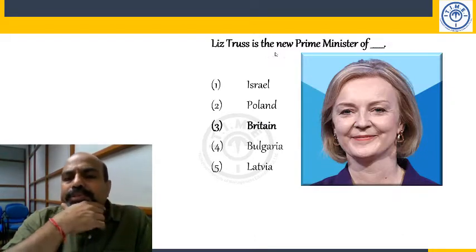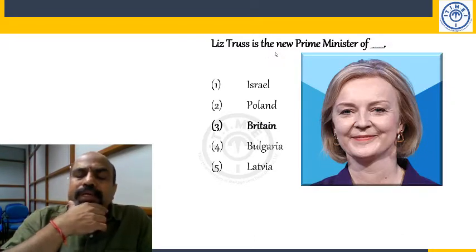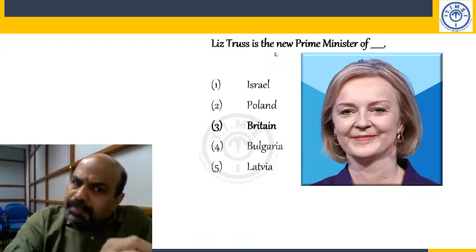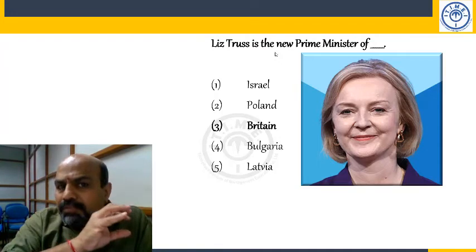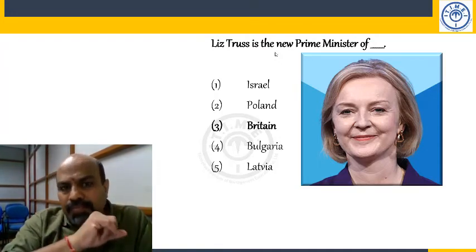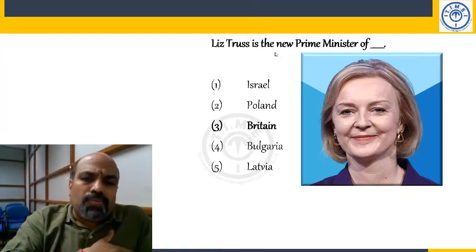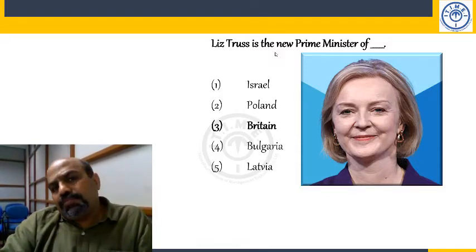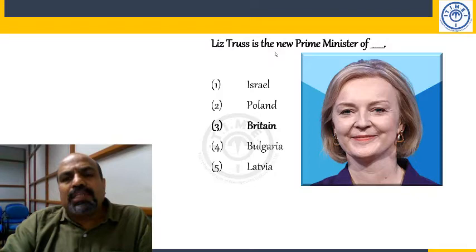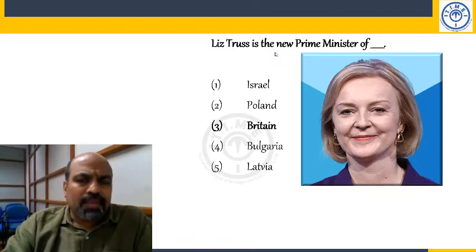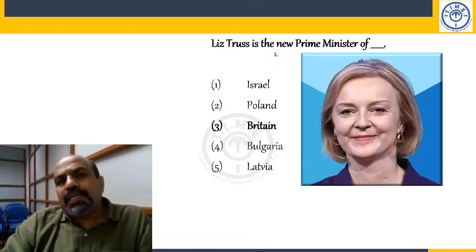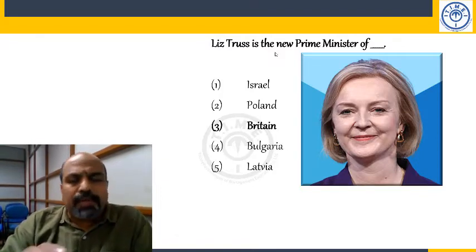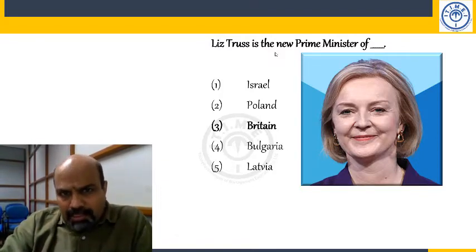Liz Truss, Mary Elizabeth Truss, is the new Prime Minister of Britain. Now, she is the last Prime Minister under Queen Elizabeth II, who died recently. Under Queen Elizabeth II, there have been 14 Prime Ministers, and she was the last.